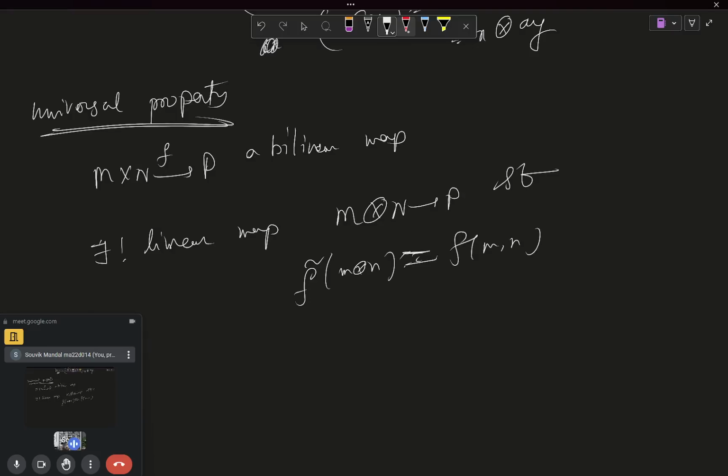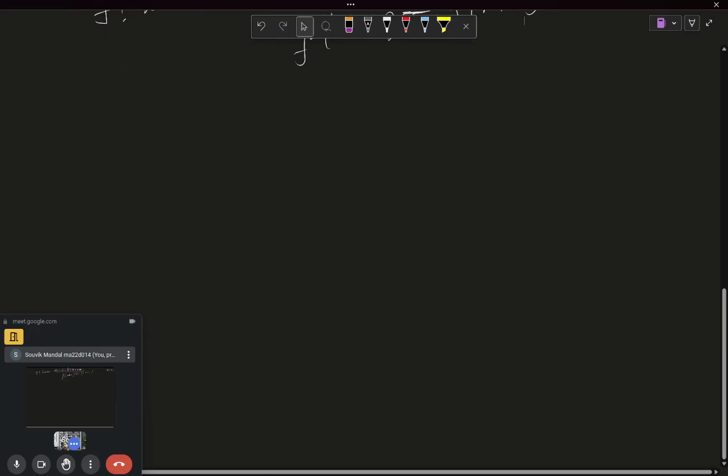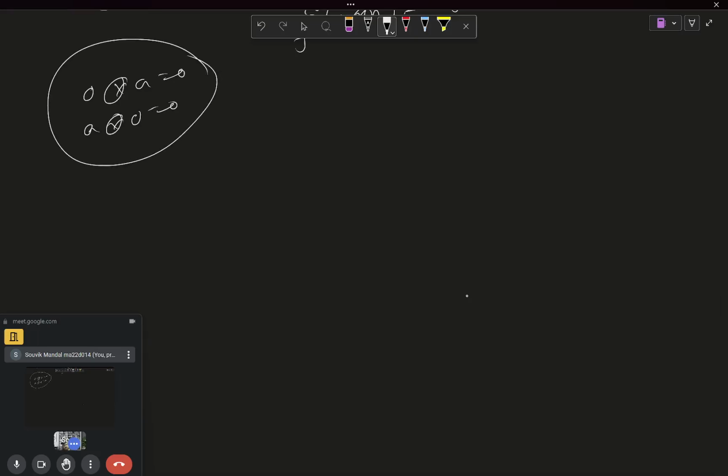So this is one universal property. And also 0 tensor a is equal to 0, a tensor 0 is equal to 0. These are some basic things.